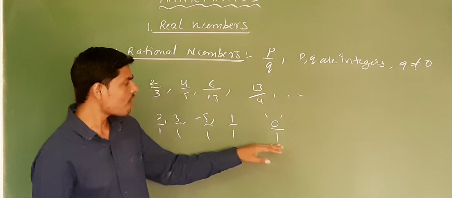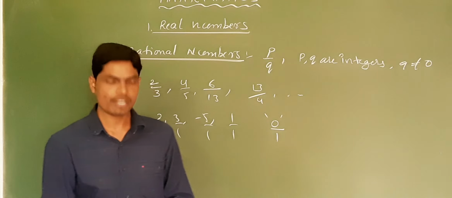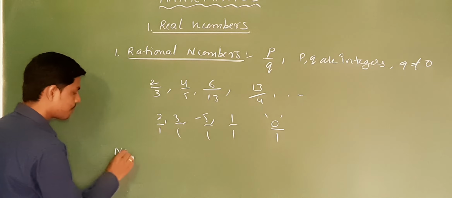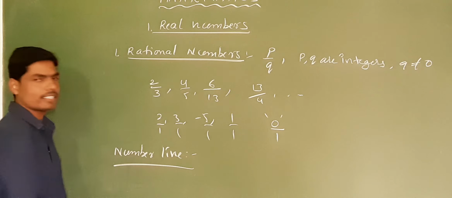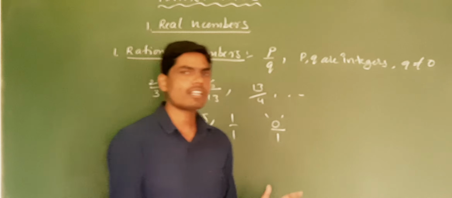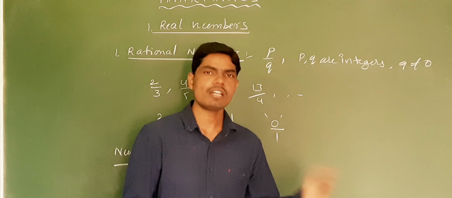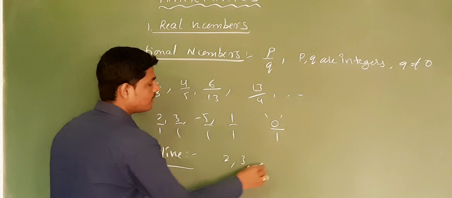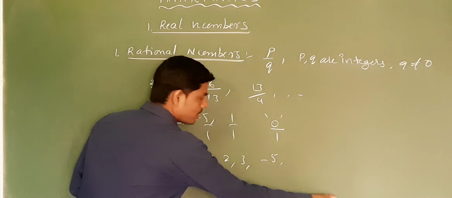Next, after knowing about these rational numbers, what can we do? First, take the number line topic. In 7th class and 6th class, we represented so many integers, natural numbers and whole numbers on a number line. Let us revise one topic, that is representing 2, 3, minus 5 on a number line.